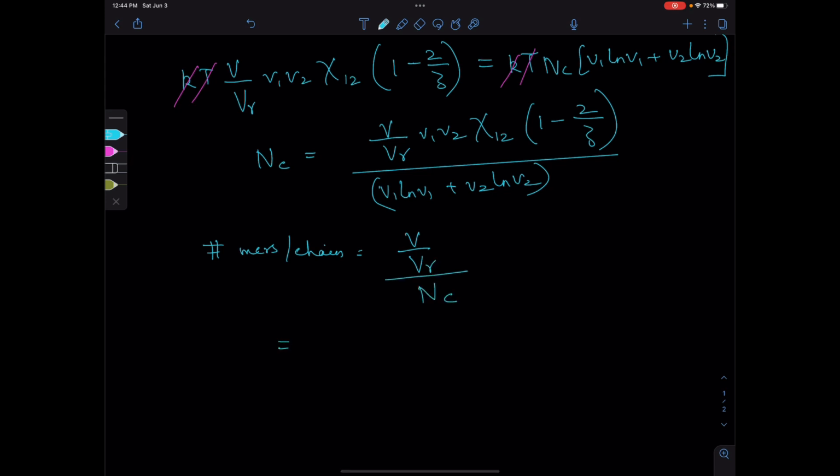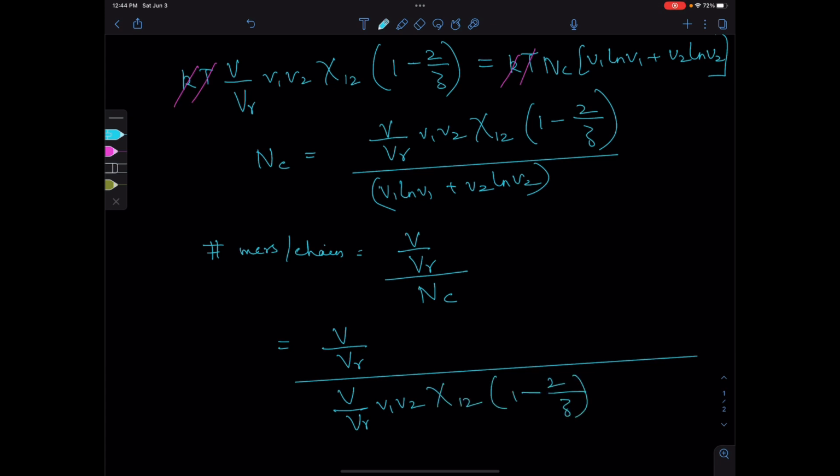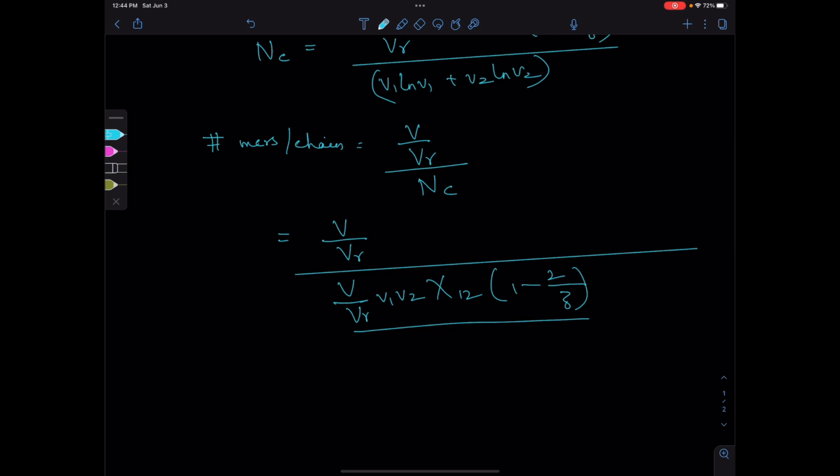So that would be V over Vr over V over Vr times v1 v2 chi12 times 1 minus 2 over z over v1 ln v1 plus v2 ln v2.